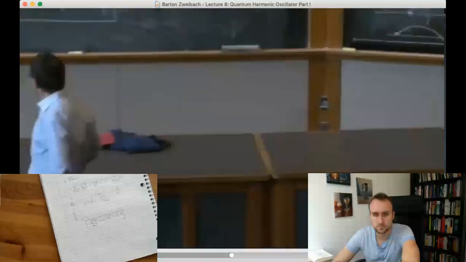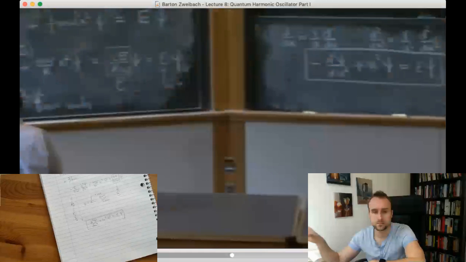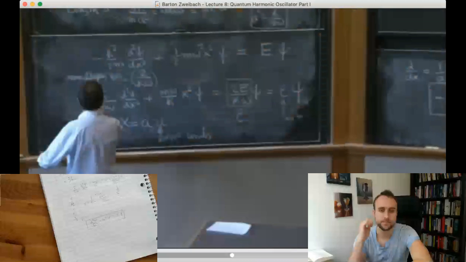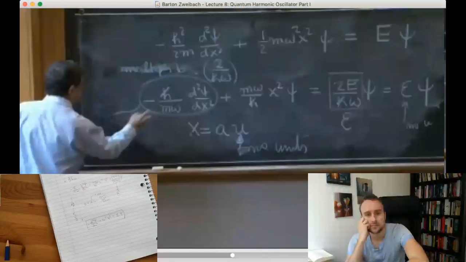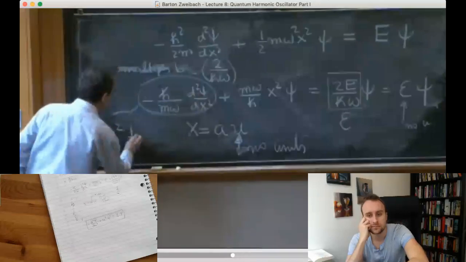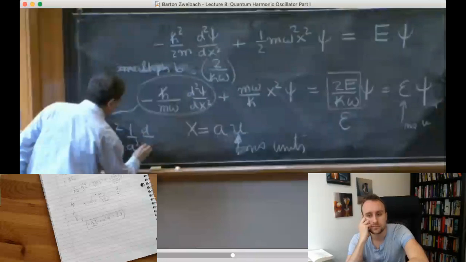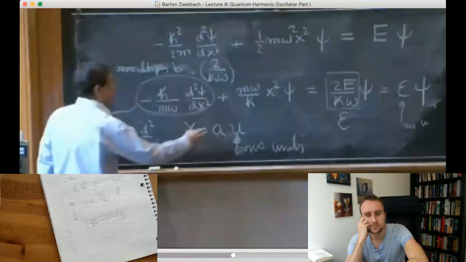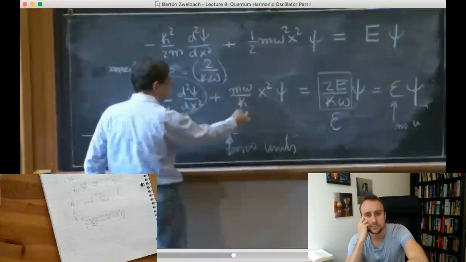Here, for example, let me do this. This h bar over m omega is a squared, but the 1 over a squared cancels the a squared, and here a squared times u squared again cancels.